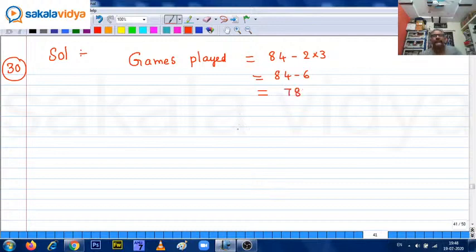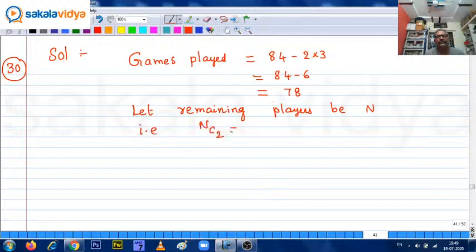Now let the remaining players be capital N. So number of games played by the remaining players is 78. So we can write NC2 equals 78.